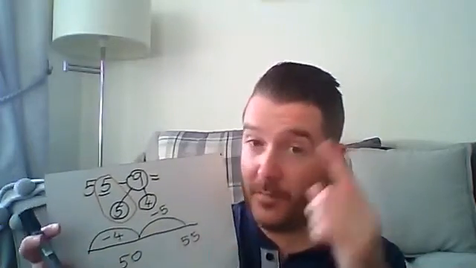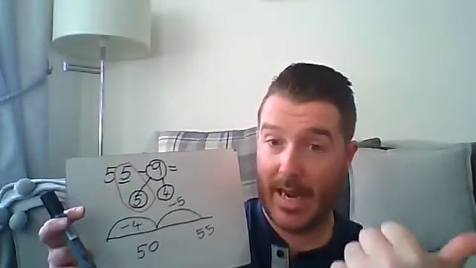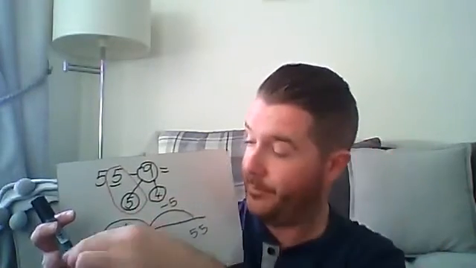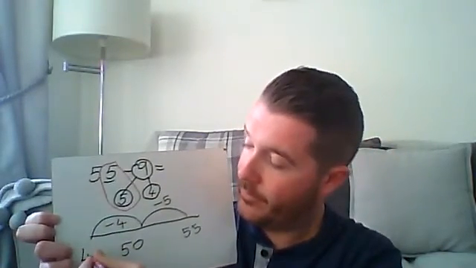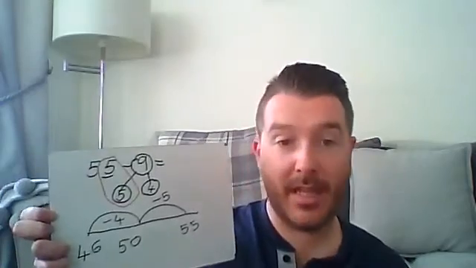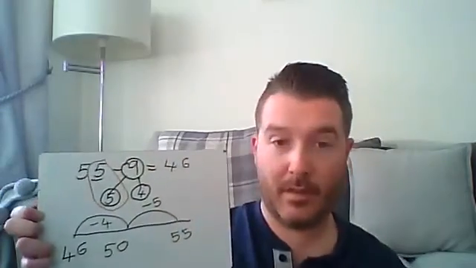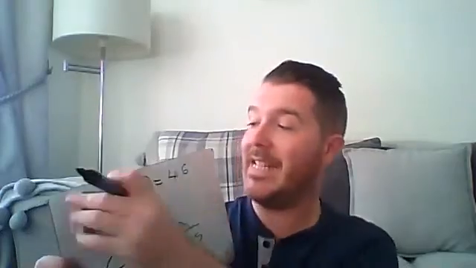So I know that 50, 49, 48, 47, 46. And I know that the answer to that has to be 46. Okay, that's just how we do it. That's easy as that.